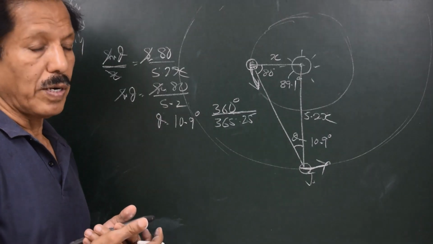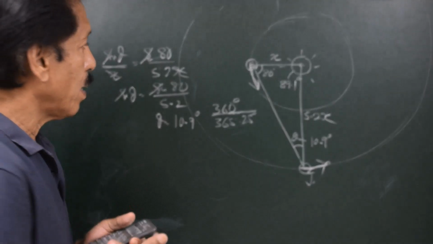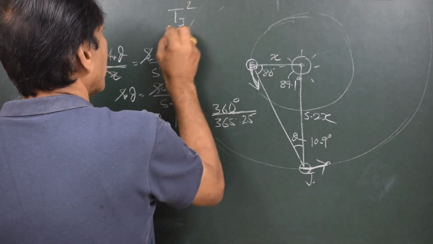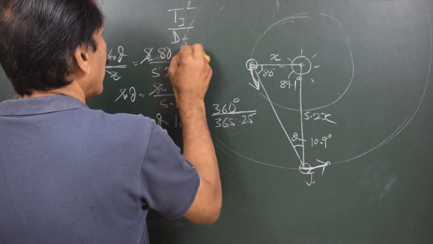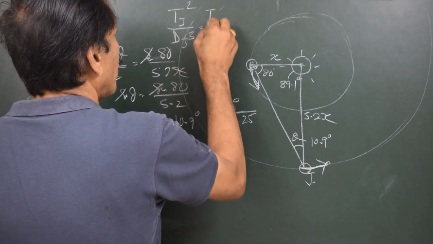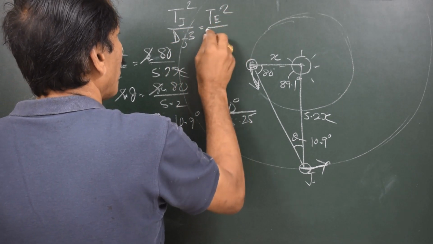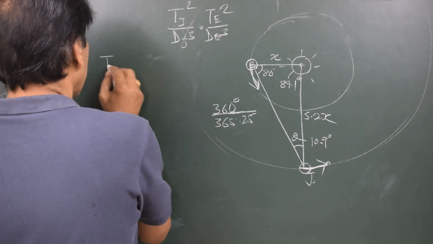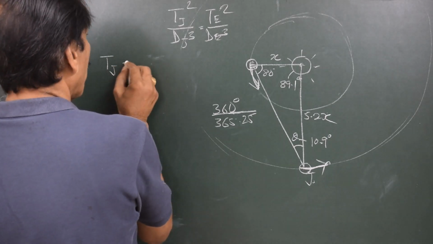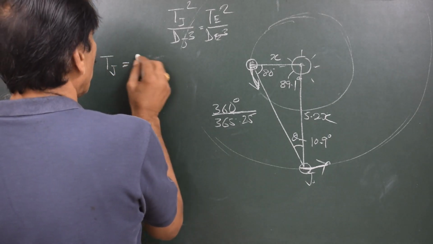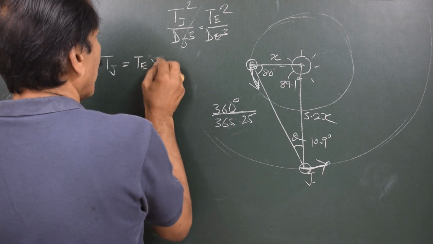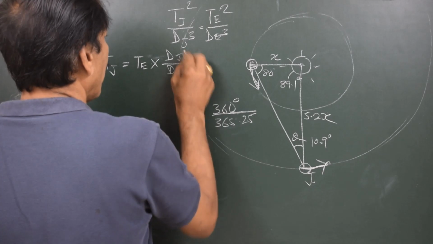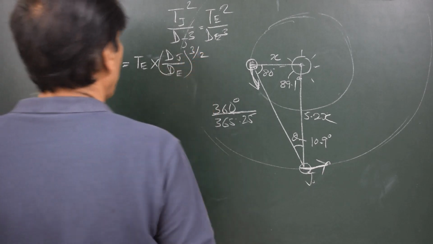The sidereal period of Jupiter can be found out by doing Tj square upon dj cube is equal to Te square upon de cube. So basically we can say that Tj, that is the sidereal period of Jupiter, is equal to Te multiplied by dj upon de to the power 3 by 2.